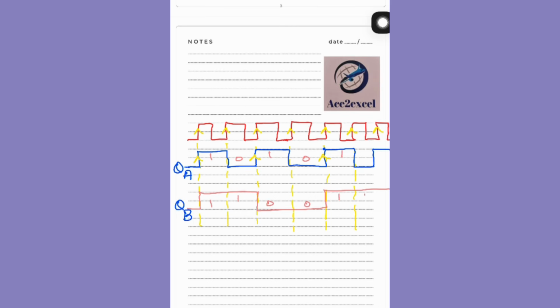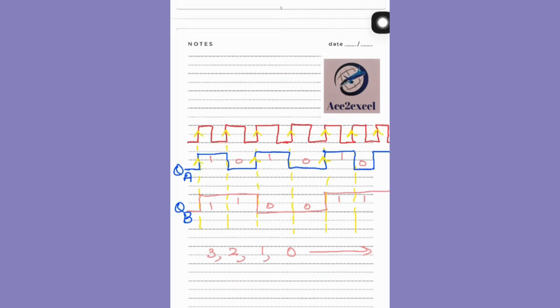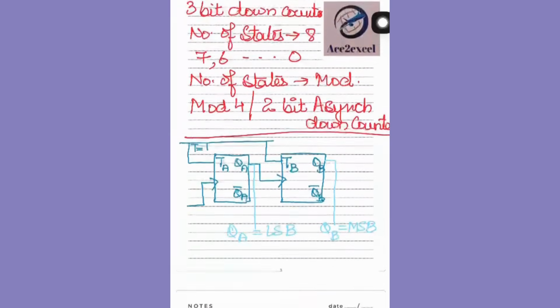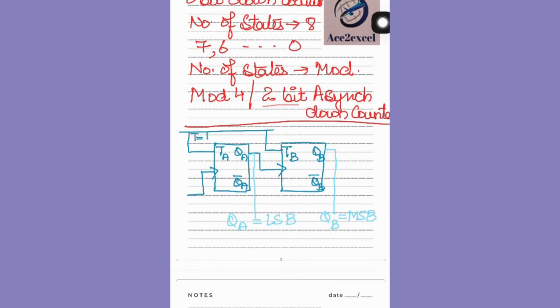Again the sequence starts repeating. Somewhere 1 1 is 3, 2, 1, 0, and it repeats the sequence. That is all about asynchronous down counter. Today we did asynchronous 2-bit down counter.